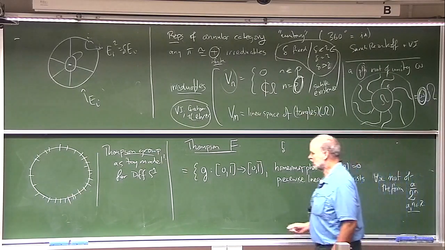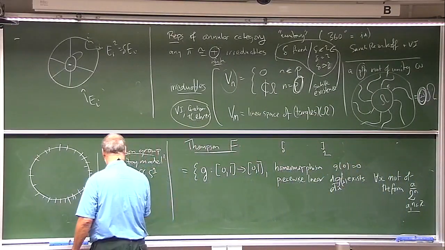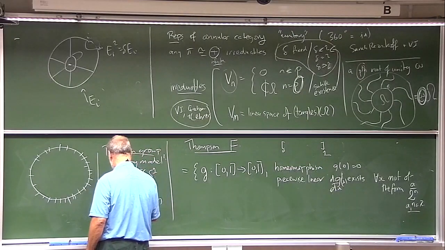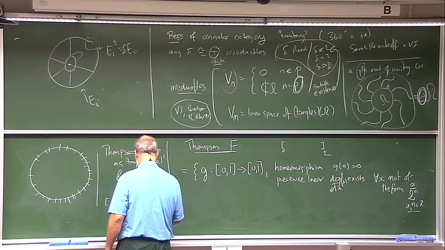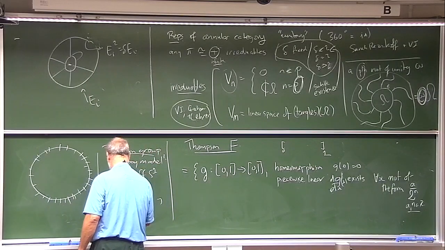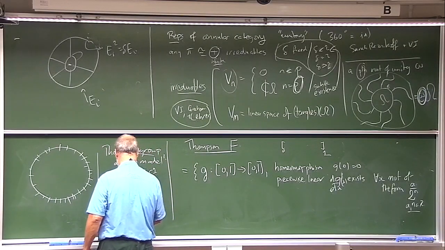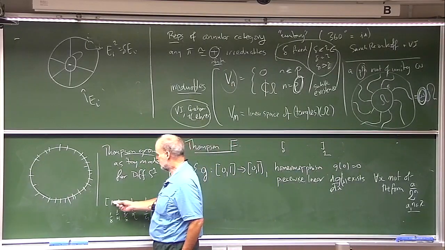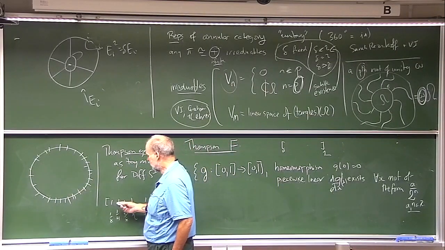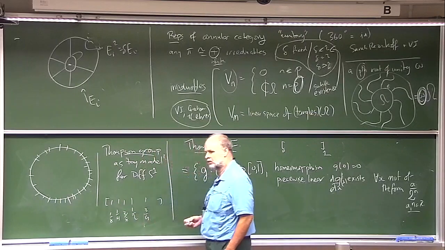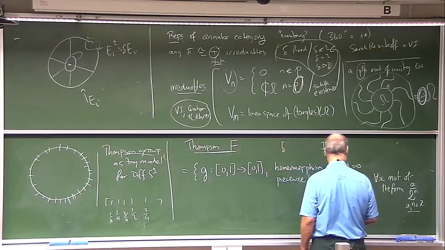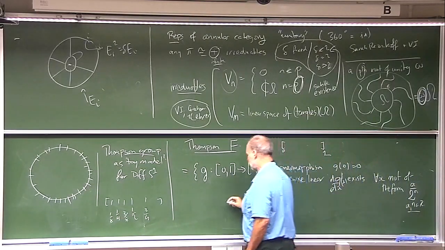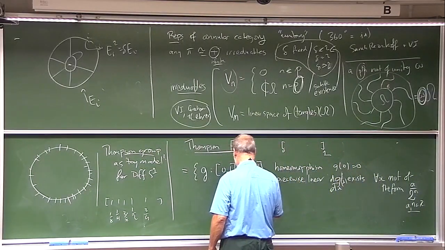These numbers are called the dyadic rationals. Here they are: there's a half, and there's a quarter, 3/4, 1/8, 3/8. So for an element of the Thompson group, its slope exists except possibly at these points, finitely many. So there's finitely many discontinuities.